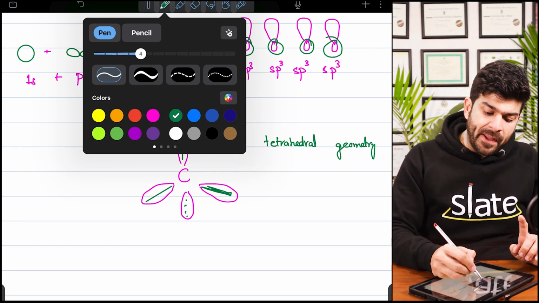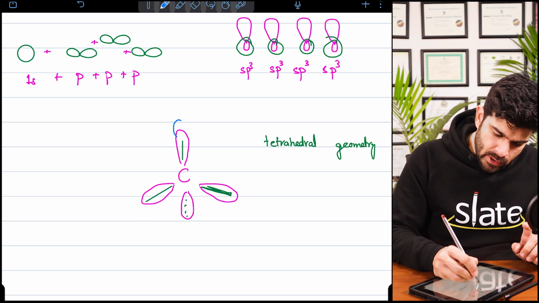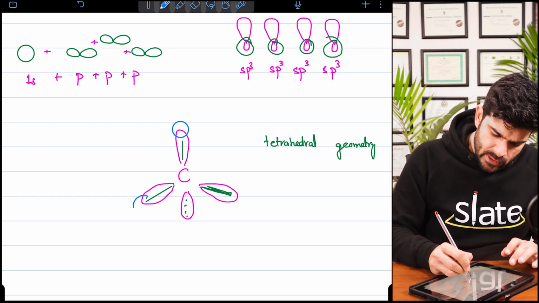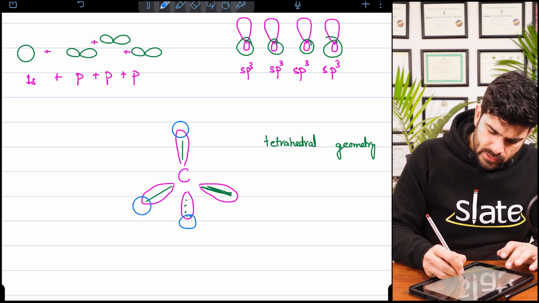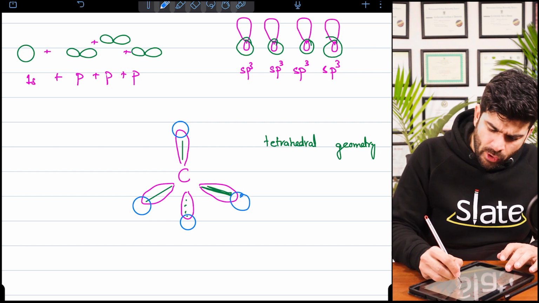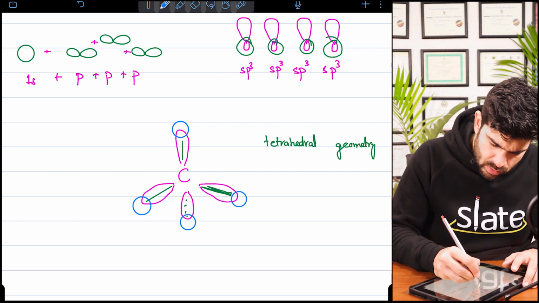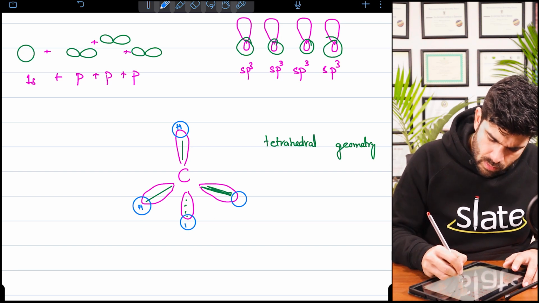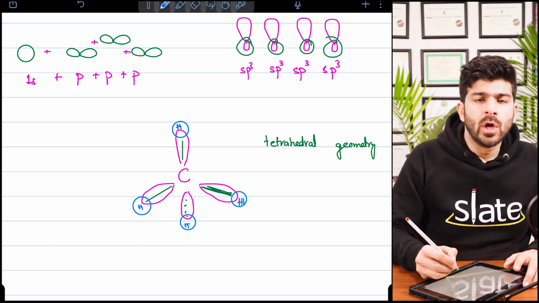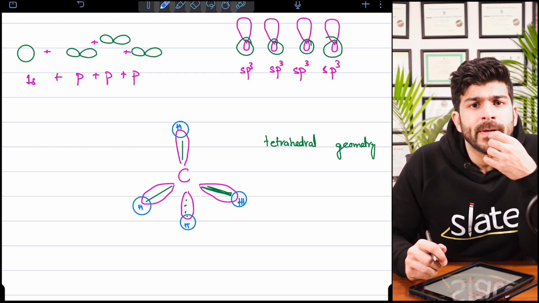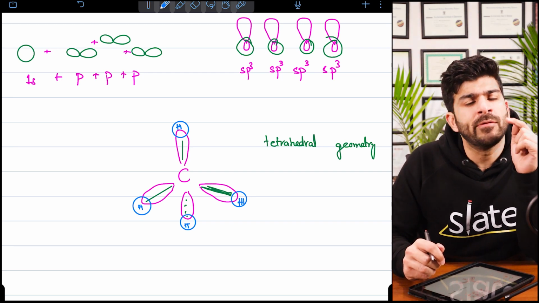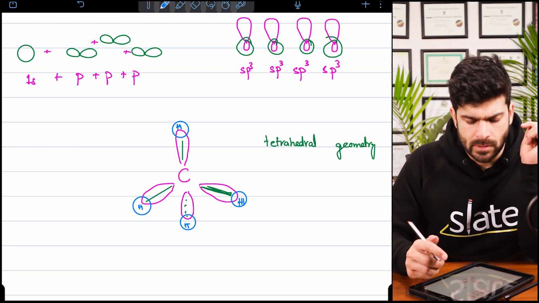And if I make methane out of it, now that we have 4 hydrogens with it. So what type of question can you get? How many and what overlaps are happening?